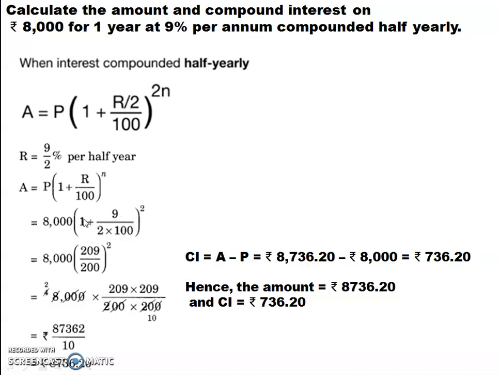So the next step is 8,000 into 209 by 200, the whole raised to 2.